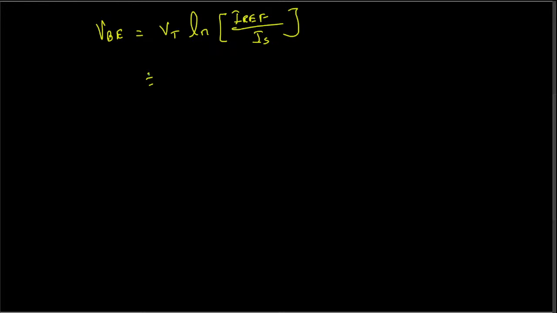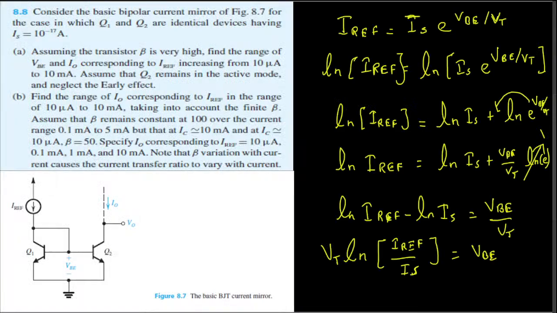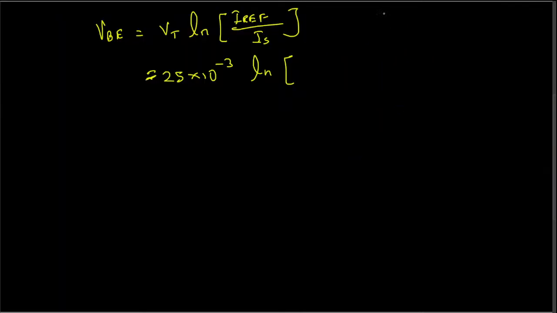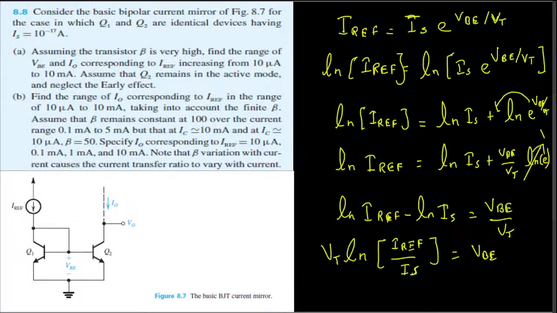VT is 25 millivolts, so 25 times 10 to the power minus 3 right here. Then ln I reference, first we are looking at 10 microampere. 10 microampere is 10 times 10 to the power minus 6 ampere, and IS is given to us, that is 10 to the power minus 17 ampere.